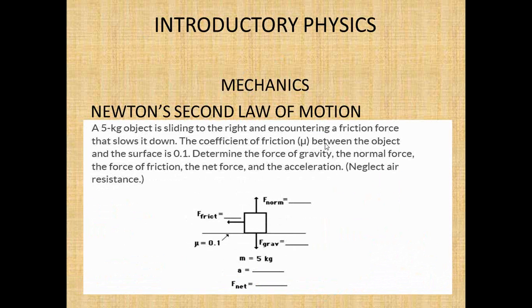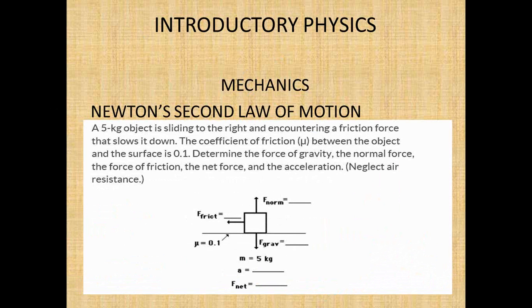The coefficient of friction between the object and the surface is 0.1. Determine the force of gravity, the normal force, the force of friction, the net force, and the acceleration. Neglect air resistance. So a 5 kilogram object is sliding to the right, and it encounters a friction force that slows it down.